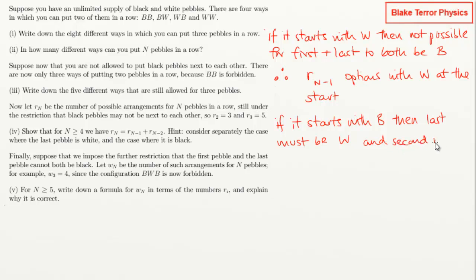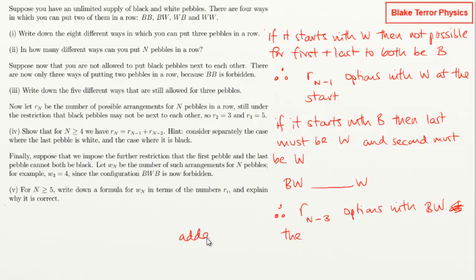So we're saying that we've got B, W, something, and ends in W. So therefore, we're going to have Rn minus 3 options with BW added to the start and W added to the end.